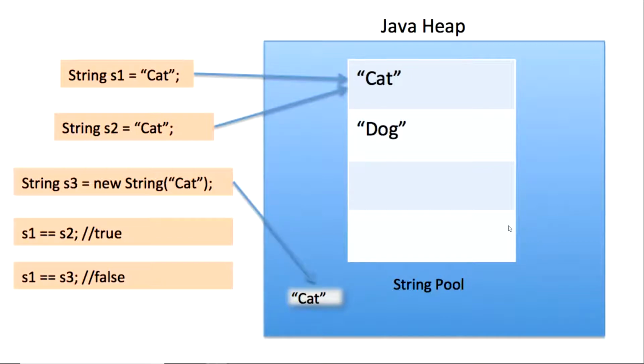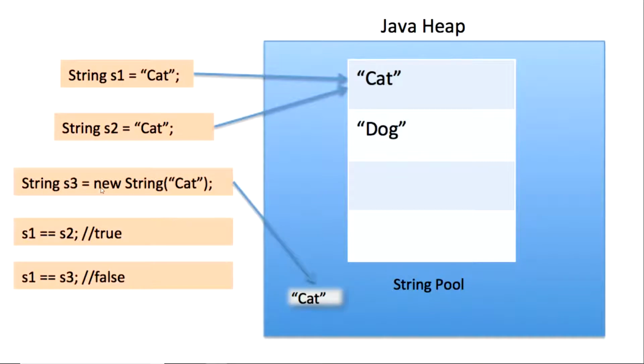Whatever variables are created before, you could see String s1 equals "cat" here. This variable will be stored in the string pool area. Whatever variables are created by string by literal, in this way, are all stored in the string pool area.